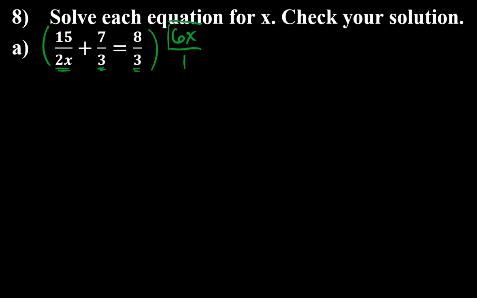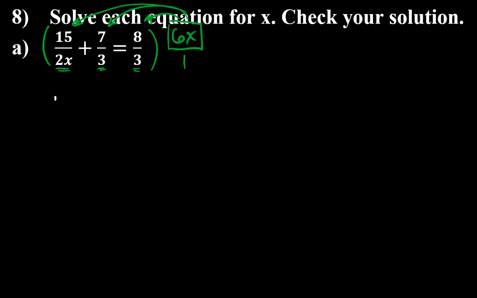So what I'm doing here is I'm pushing into this equation a factor of 6x to each term on both sides, the left and the right hand side. The left hand side has two terms, the right hand side has one term, but all of those terms are going to get a factor of 6 times x in the numerator.